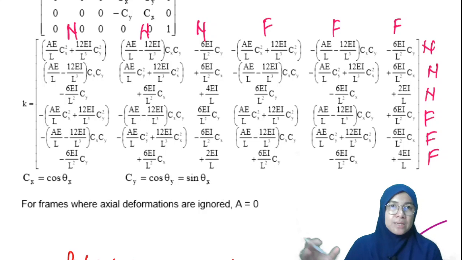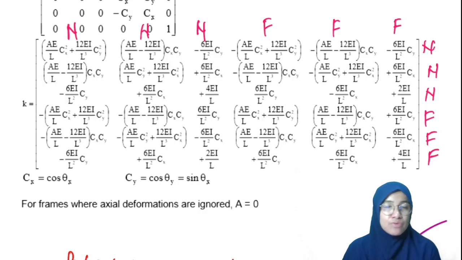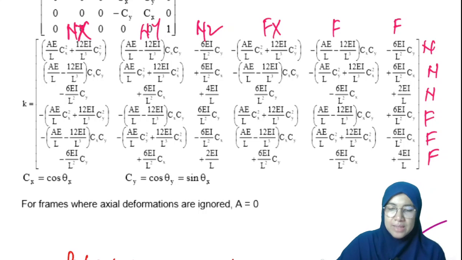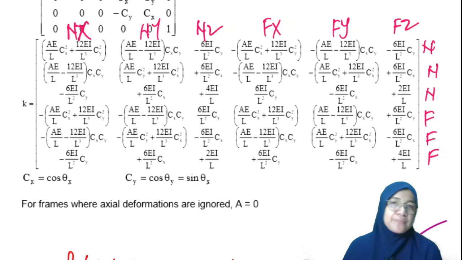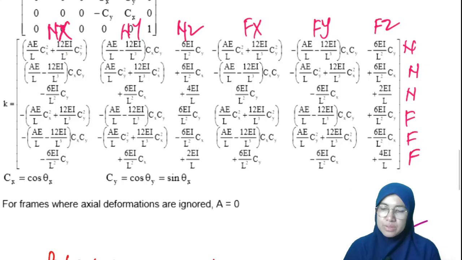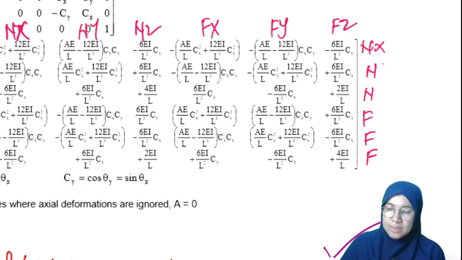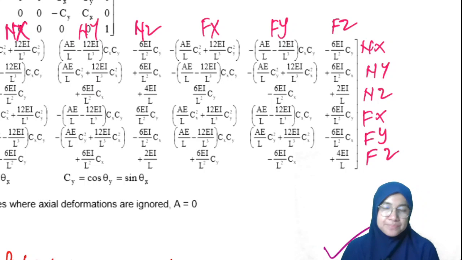So in the near nodes, it has x, y, and z. So this is N x, N y, N z, and F x, F y, F z. Okay, the same goes for the row here: x, y, z, x, y, z.